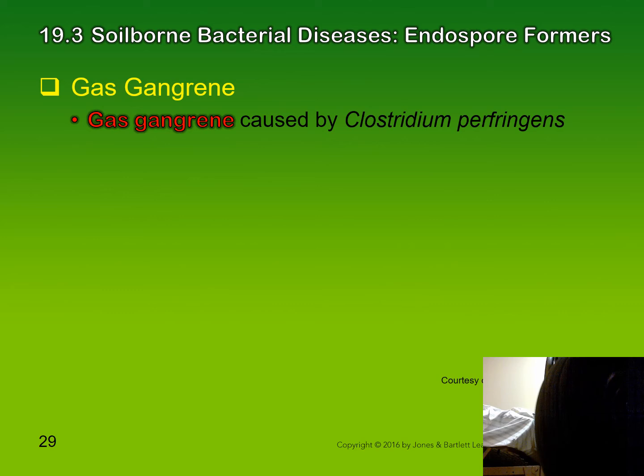Gas gangrene is caused by Clostridium perfringens. Again, a spore-forming obligate anaerobe.